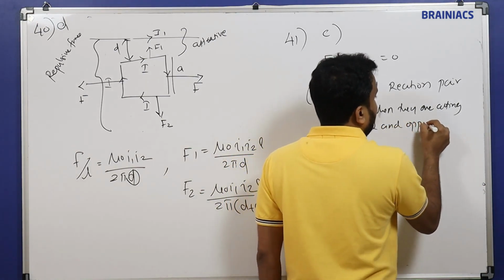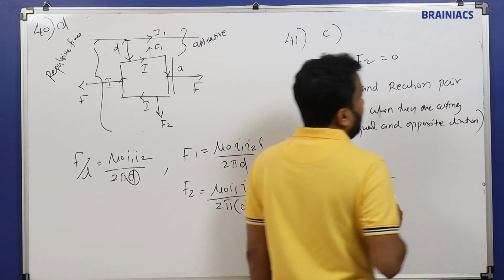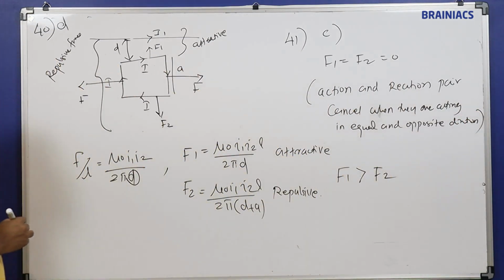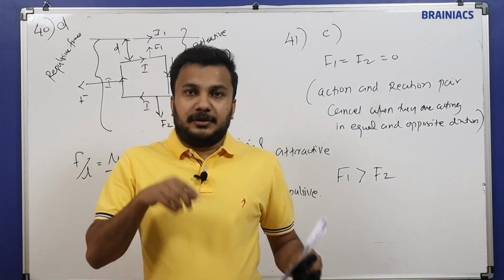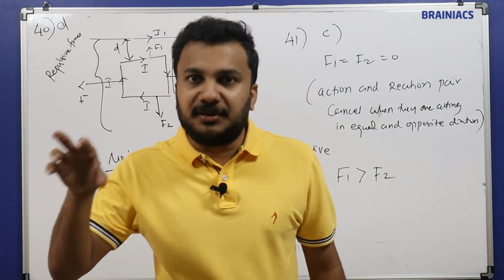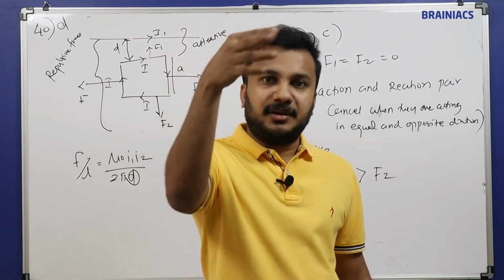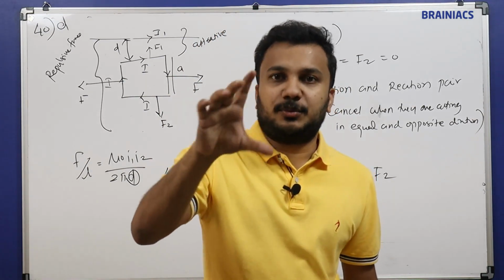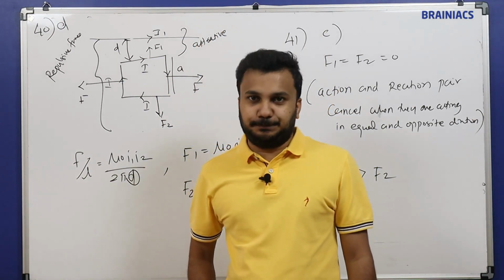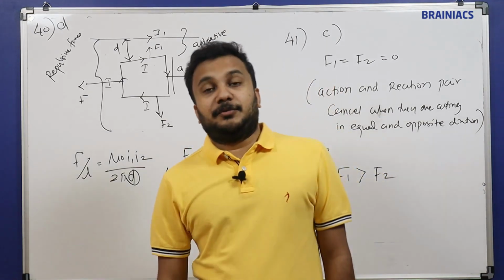The inner solenoid will act a force on the outer solenoid, and the outer solenoid will act a force on the inner solenoid. Both forces are equal and opposite and cancel each other. These are acting on different bodies, of course.